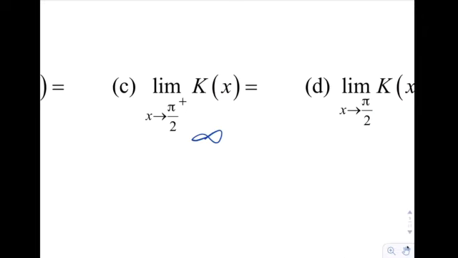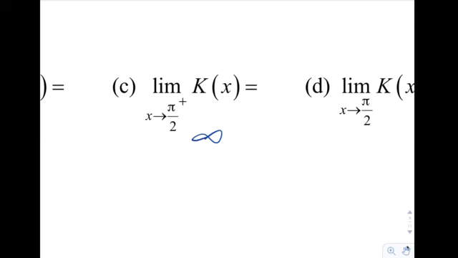And then if you're approaching pi halves from just to the right of pi halves, that puts you in which quadrant? Quadrant 2, where secant is what sign? Like here's 0, here's pi halves. Here would be in quadrant 1, like at pi thirds. What's secant of pi thirds? Positive, who cares?